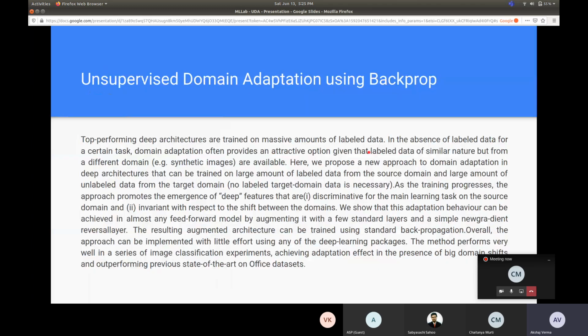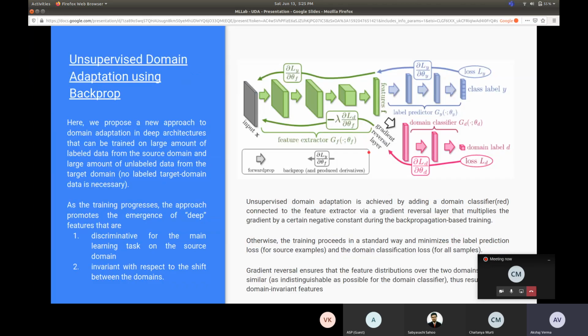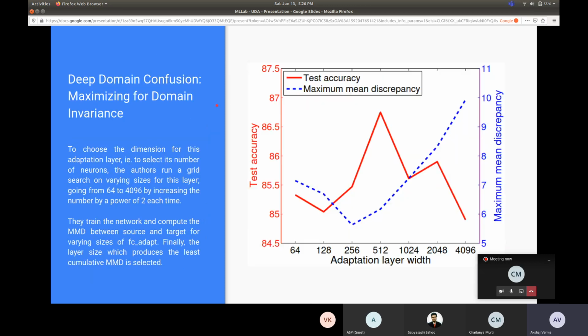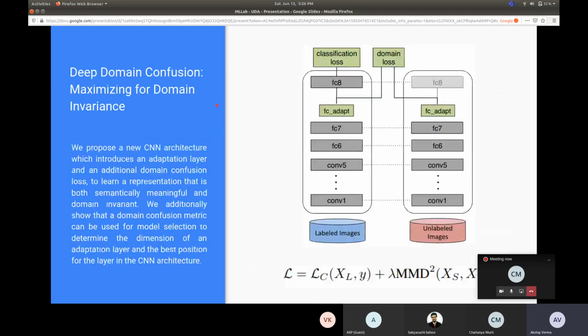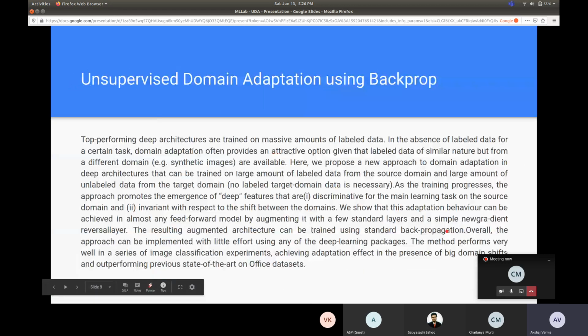There's another paper called Unsupervised Domain Adaptation by Backpropagation. The goal here is that instead of having two separate networks that share weights, you have one common base CNN network, the feature generator. You pass both your labeled images and your unlabeled images here.